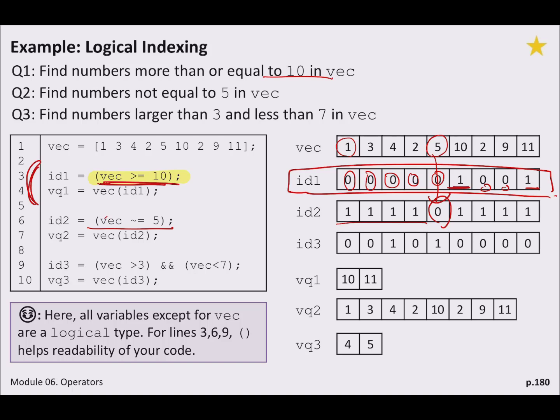ID 3 needs two condition statements, right? One is the vector is larger than 3. The other is vector is less than 3. That is the AND, right? So we need to use the, here's the mistake.